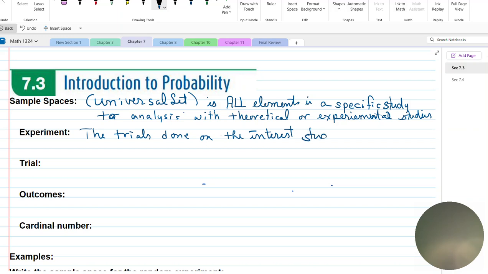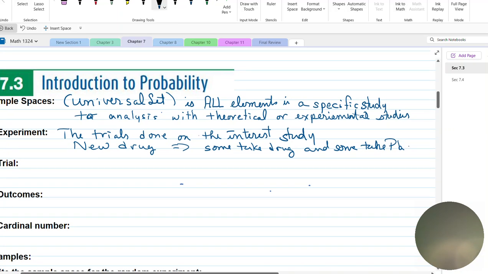I'm going to give you some examples here. Supposing we have a drug. So some take the drug, and some do not, some take a placebo, it's a sugar pill. All right.